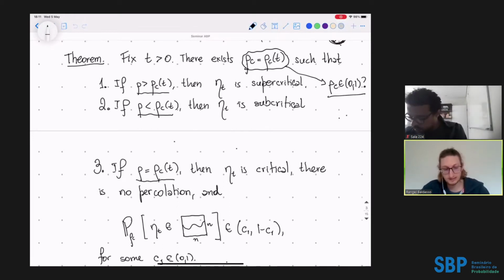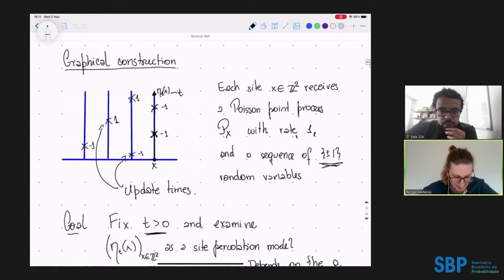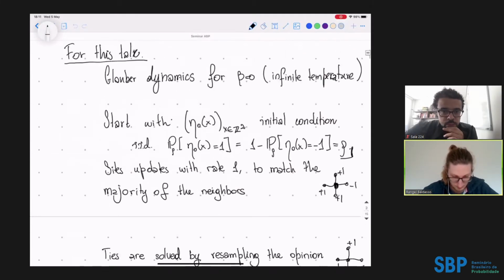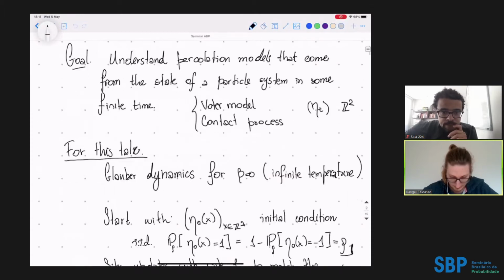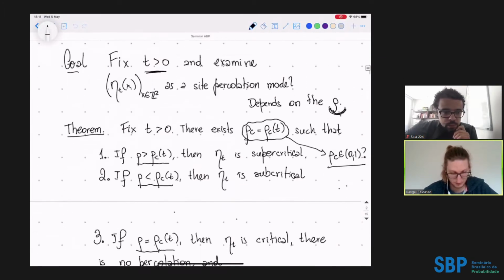Our more general result says that when you have a non-critical phase transition, then this behavior always happens. I think on top I said beta equals 0, which was incorrect. Okay, well, it doesn't matter, it's 0 temperature.